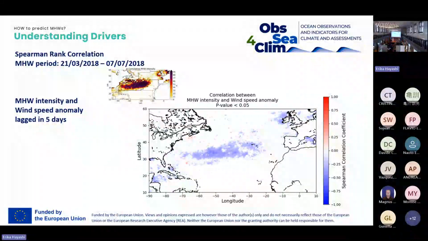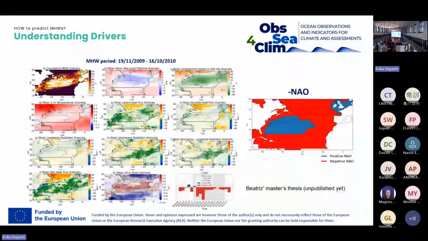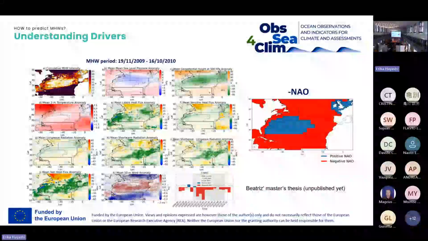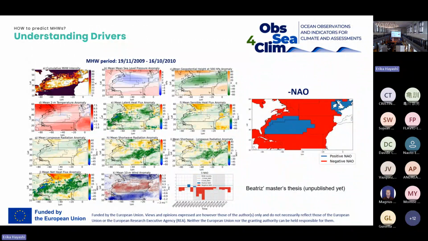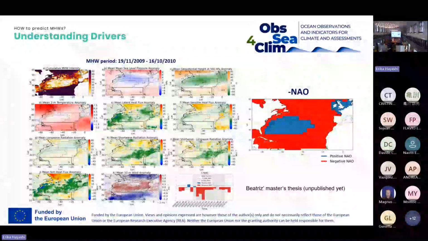And if we look at the Spearman correlation with wind speed, of course, it's the reverse picture because, again, wind speed is also a function of these stable atmospheric conditions. So then let's look again at a textbook example of a negative North Atlantic Oscillation, and we see the reverse picture. So marine heat wave intensity clusters outside of the region of the previous one. It's actually like a negative picture of the former one.